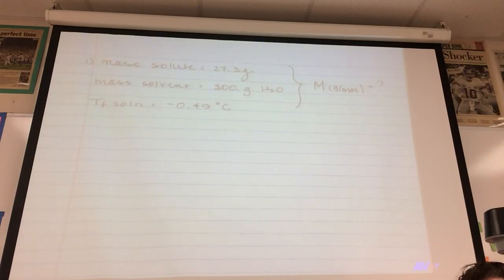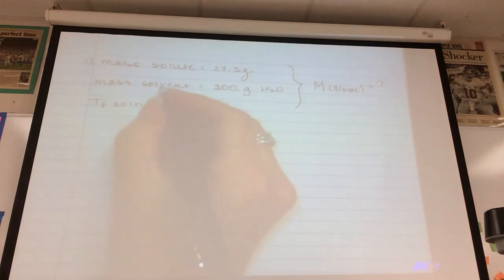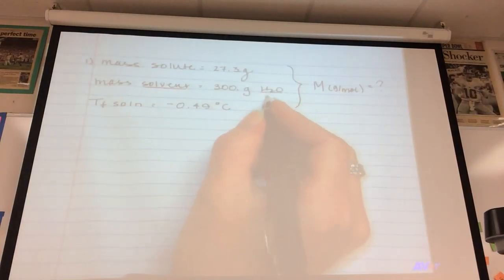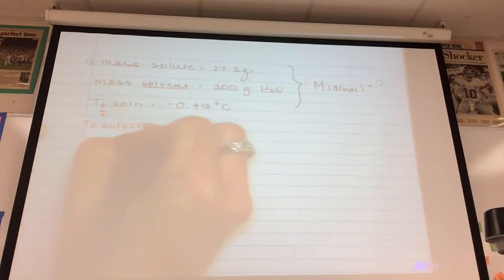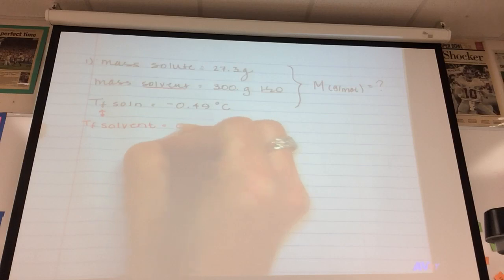Other information that's not given directly but will be very helpful. Your solvent is water. I'm given a freezing point of solution. So that means I'm going to need the freezing point of the solvent, which is water. Water, of course, freezes at 0 degrees Celsius.